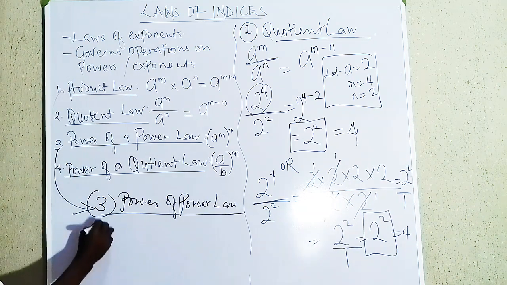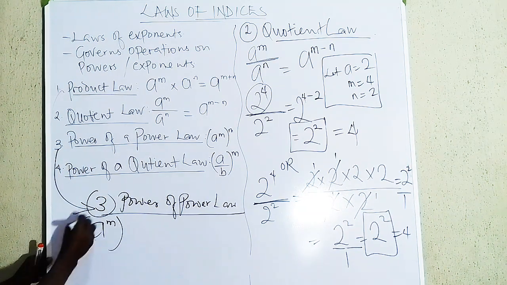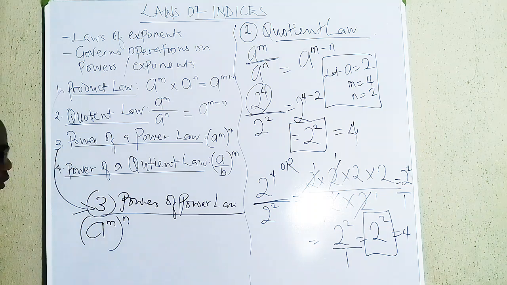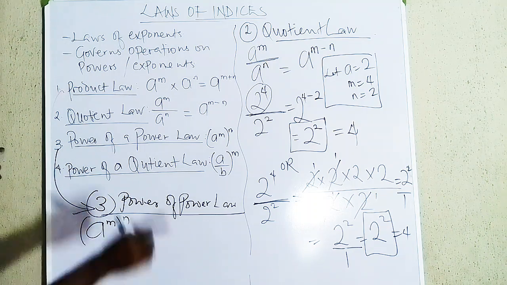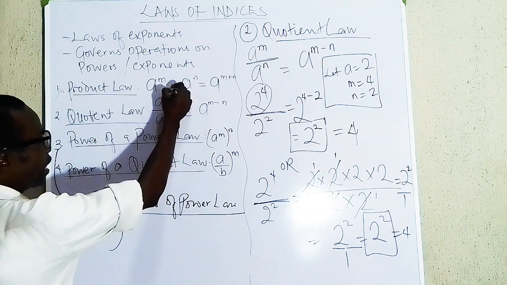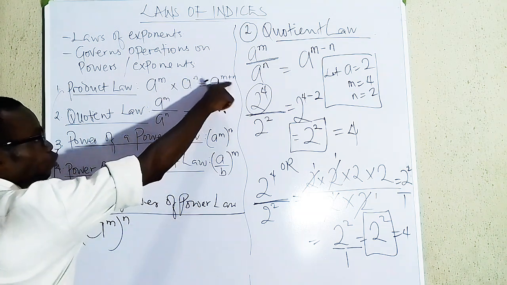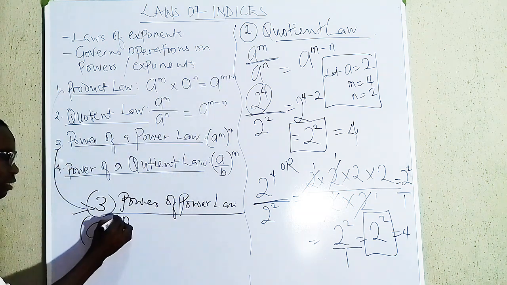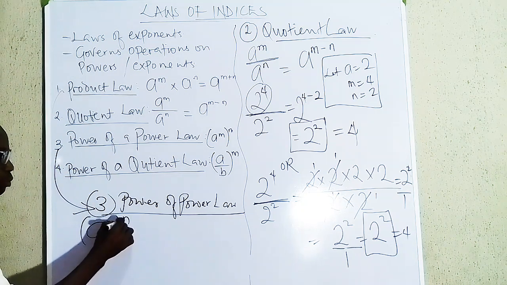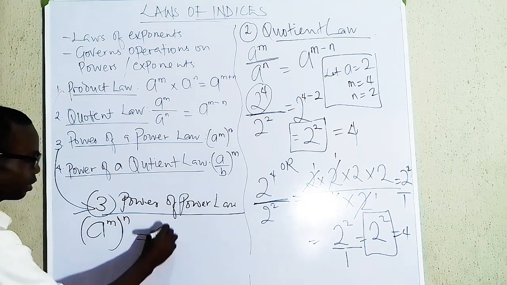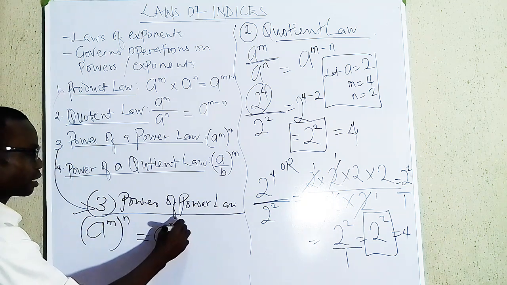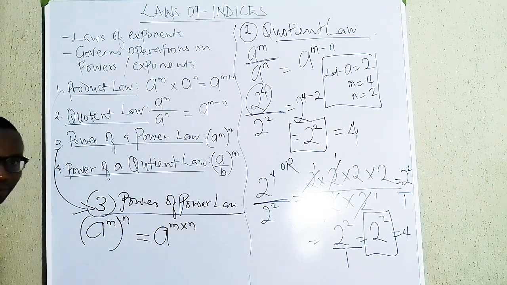This law states that when a is raised to power m, also raised to power n, the bracket will stand as a multiplication. Now remember in the other one, the times will be changed to plus. But in this case, this bracket will represent the times. What that means is that it is a raised to power m times n.